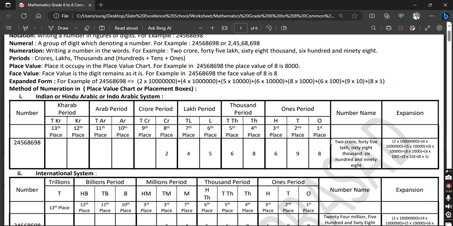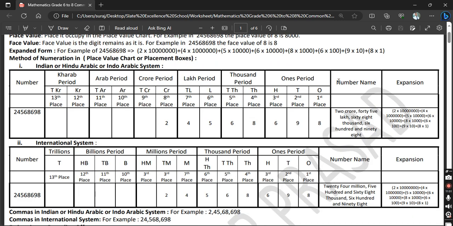In the same way on the right side also, I have written the number name to avoid confusion: 2 crore 45 lakh 68,698. An expanded form is also written over there. I already told you the position of 2, and it should be written in the same order. So this is known as a place value chart, otherwise placement boxes of the Indian system.